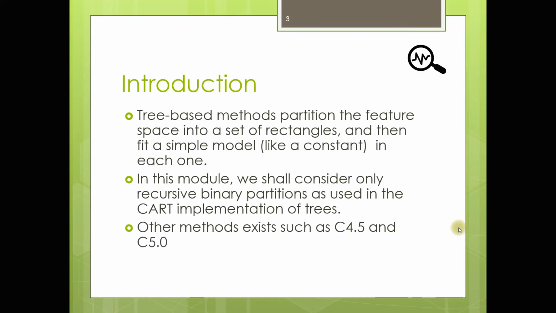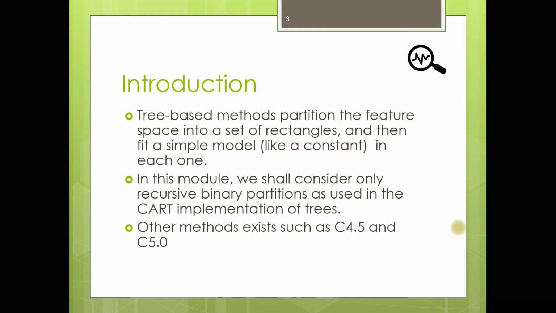What a decision tree does basically is that it's going to fit a simple model in different sets of rectangles. And what do these rectangles mean? They are rectangles that will be formed by partitioning your feature space.